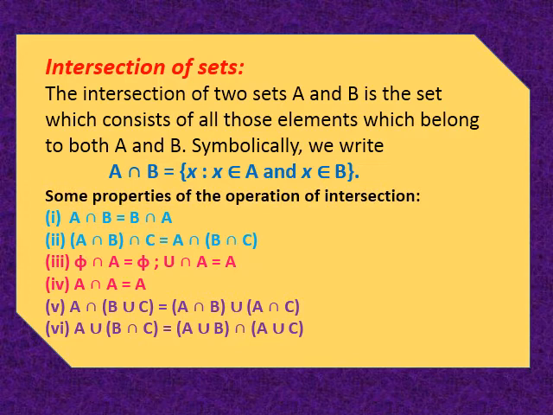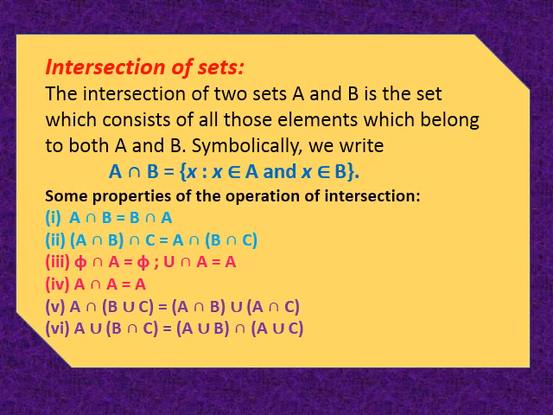So few properties of intersection, that is A intersection B is equal to B intersection A, commutative property. Then (A intersection B) intersection C will be equal to A intersection (B intersection C), that is associative property. And third is phi intersection A is equal to phi.